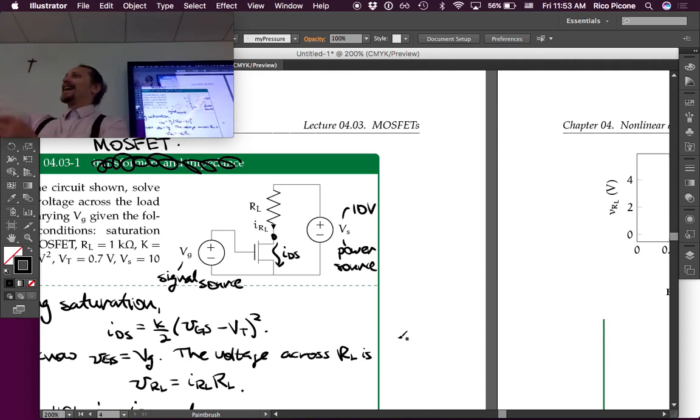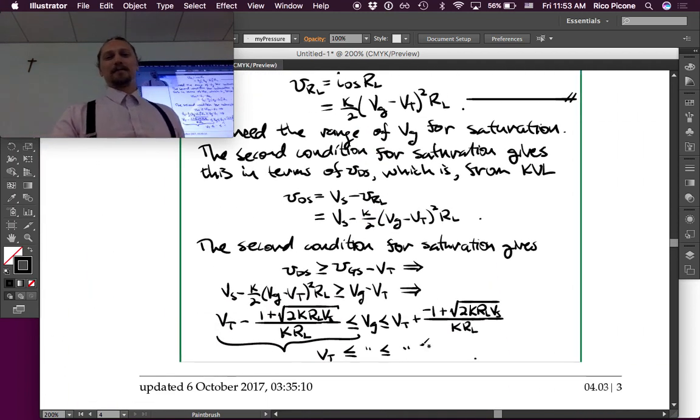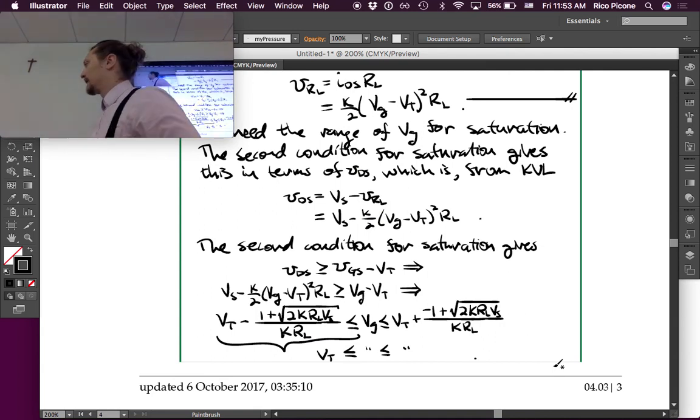Could you scroll to the bottom of the first image? Sure. So that first part is reduced down to VT, and is the second part still the same?